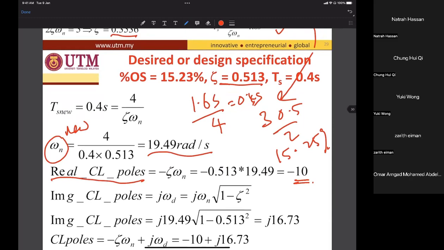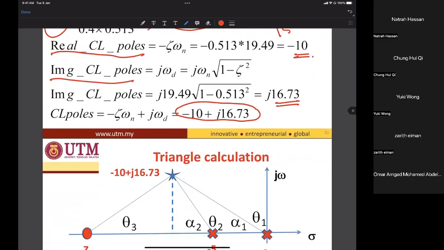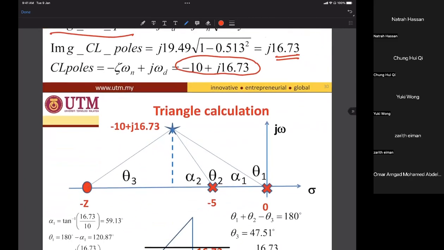Then the new imaginary part of the dominant pole is 16.73. Now the new dominant pole is -10 plus j 16.73, the new operating point.